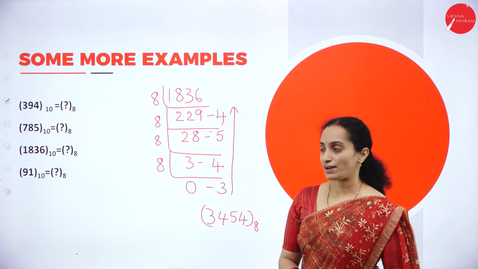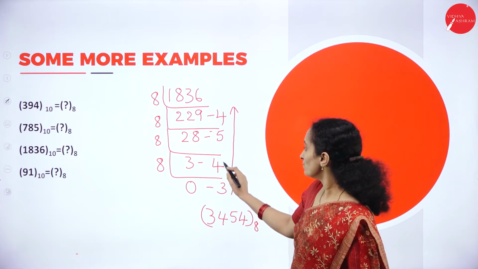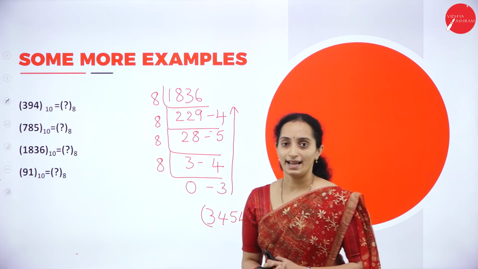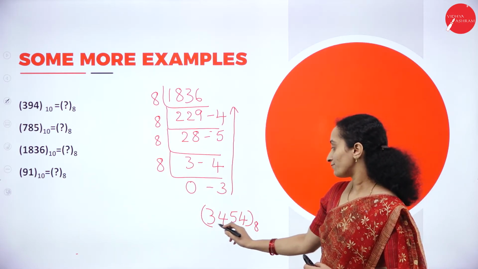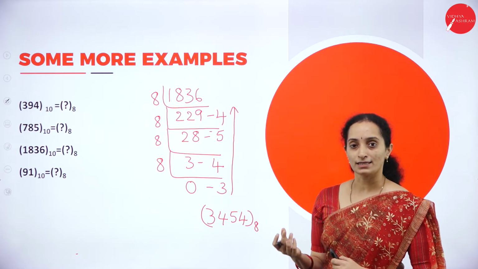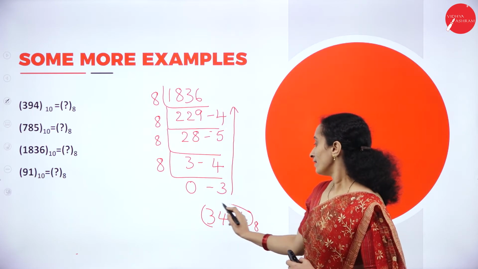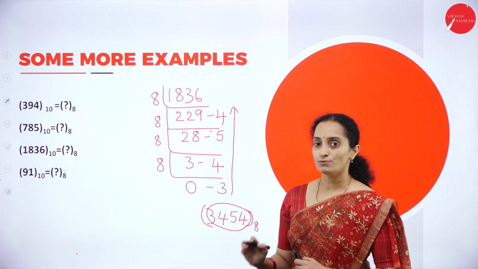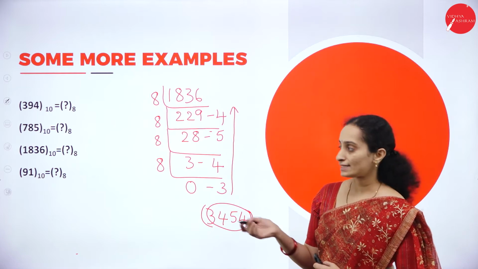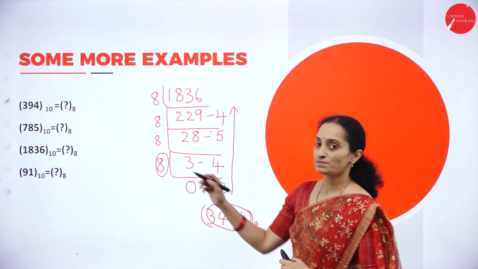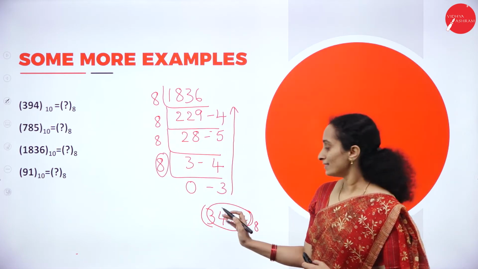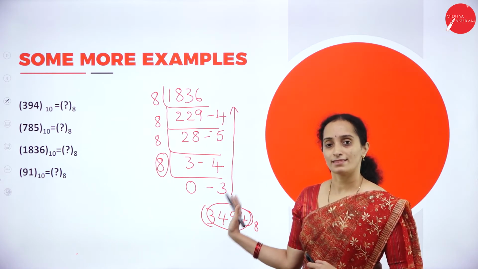What you can observe is that in the integer part and fractional part, the value doesn't exceed 8. If you want to counter-check the correctness of the answer, if any digit in the converted value exceeds the base value, then you can conclude that there is a mistake in the answer.